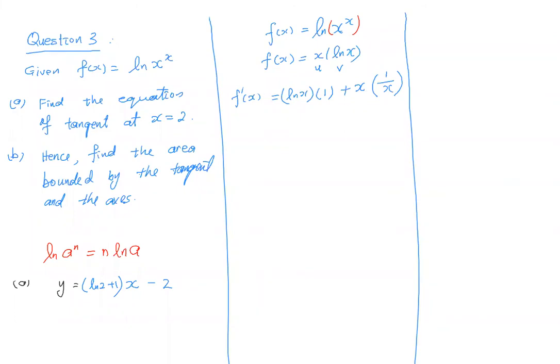So you cancel, you got ln x plus 1, correct? So now we have to get the gradient. So when x equal to 2, we get the gradient first. That is your f prime 2, gradient of tangent. So you sub in x equal to 2.